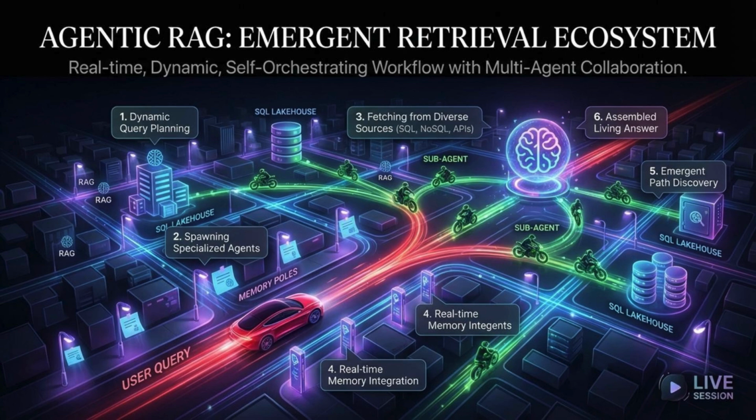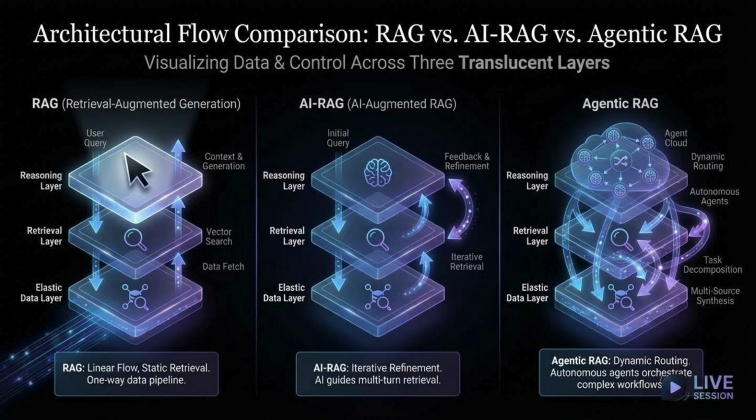Now, the comparison. Here's a simple comparison: RAG, which is fast but shallow, AI RAG, which is thoughtful but bounded, and Agentic RAG, which is adaptive and powerful. So, choosing the right one depends on the problem, not hype.